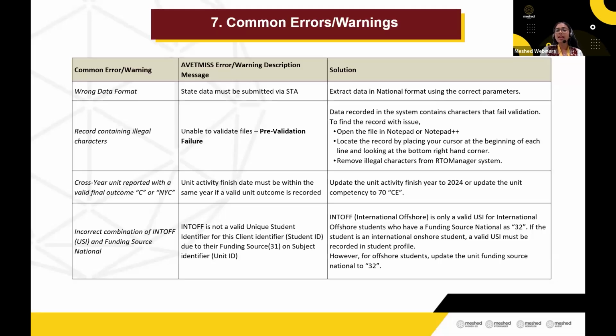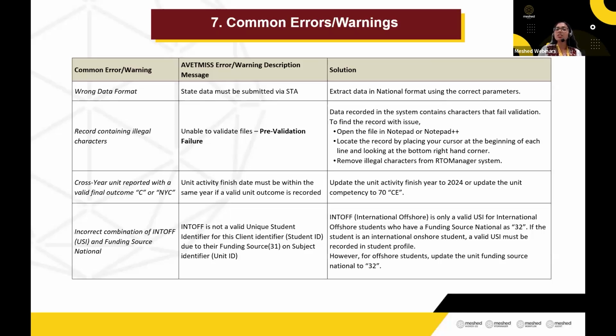The next most common error is about an incorrect combination of INTOF and funding source national. INTOF stands for International Offshore. This USI exemption code is only used when the client or the student is an offshore student and their funding source national is 32 for the unit enrollments.